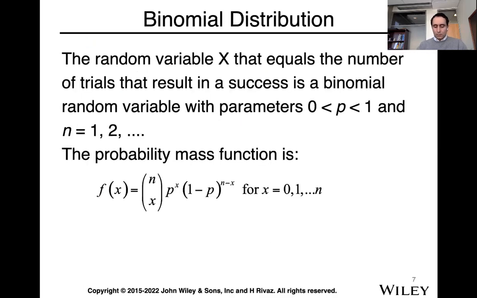Okay, so the equation to find f of x is n choose x times p, the probability of success, to the power x, times 1 minus p to the power n minus x, for x equal to 0, so we don't have any success, 1 success, or all of the experiments are successes, n successes.